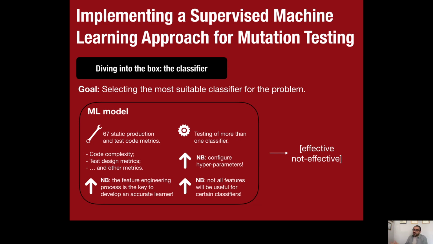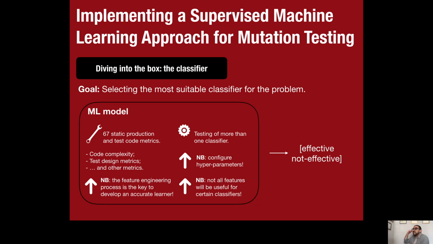And unfortunately, not all features would always be useful for all classifiers. What does it mean? It means that you may want to feed the machine learning algorithm only with relevant information. And this relevant information is given by the selected metrics. But not all the selected metrics may be useful for the classifier.